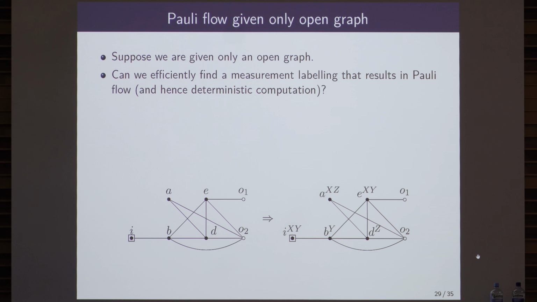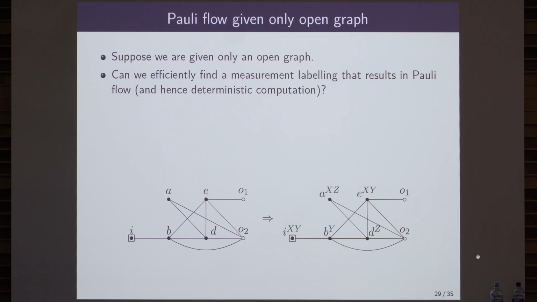The question, can we efficiently find measurement labeling resulting in polyflow, is quite important because of that. Efficiently is the key word here, because we of course could just check all of the different possible measurements, but that would be quite slow. There would be exponentially many of them.